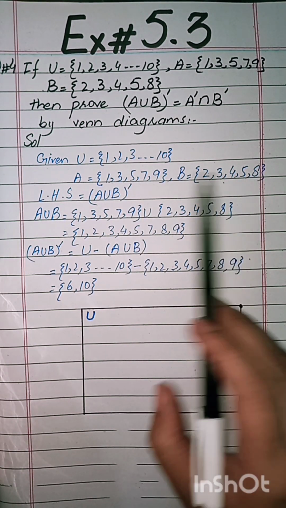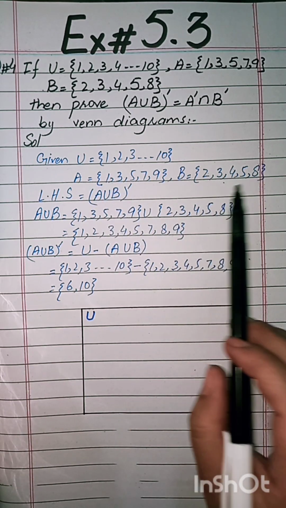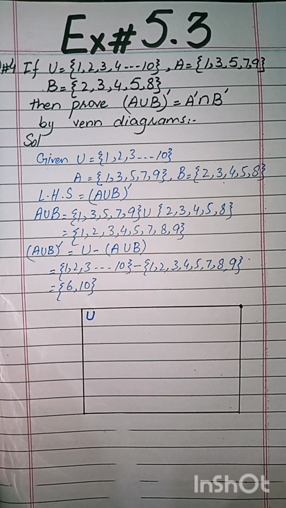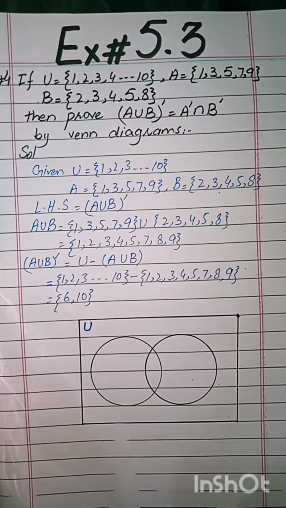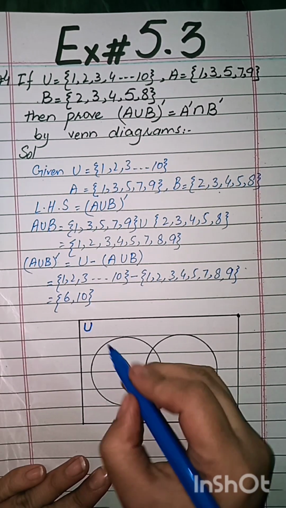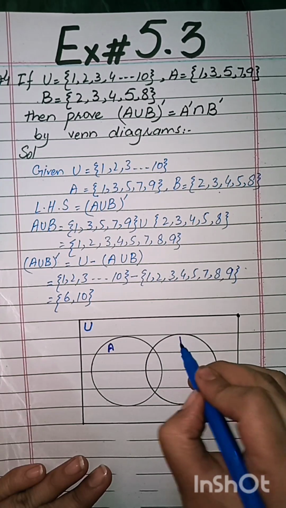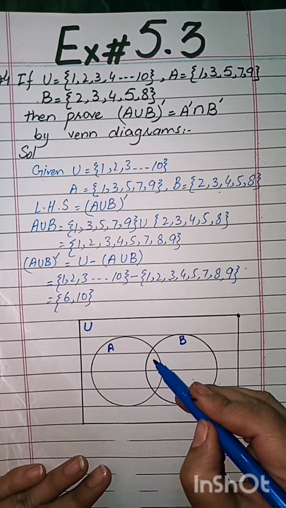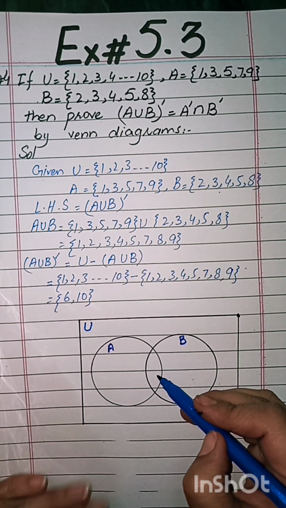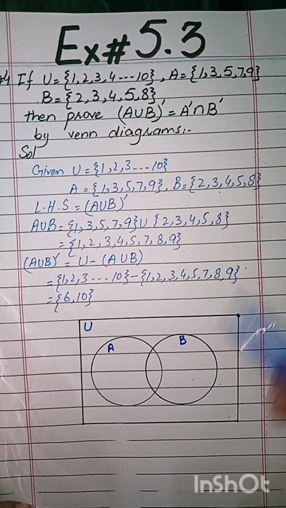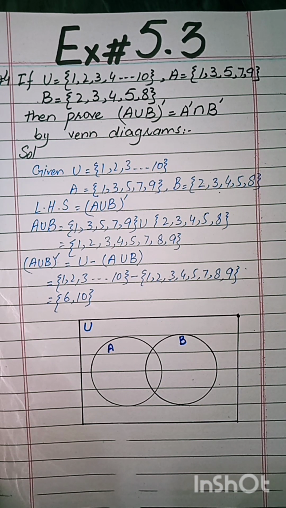These numbers are present in both the sets. So these types of sets are called overlapping sets, and we have to draw its diagram like this. This is A set, this is B set, and this portion is the common portion where the common elements lie.